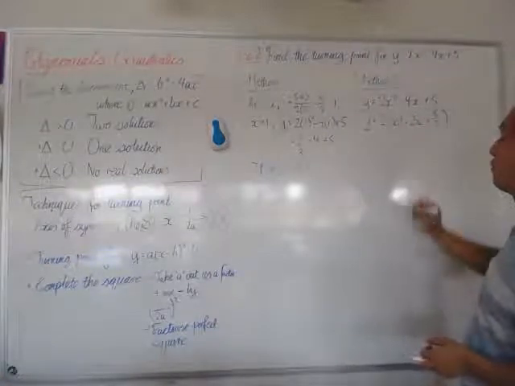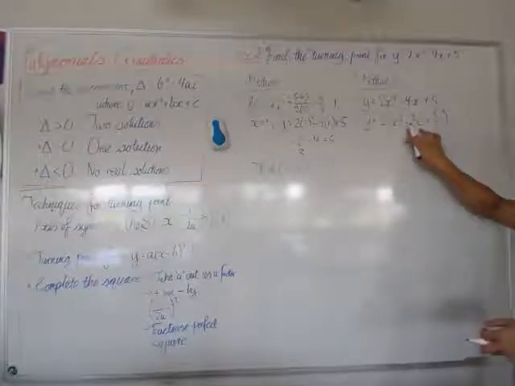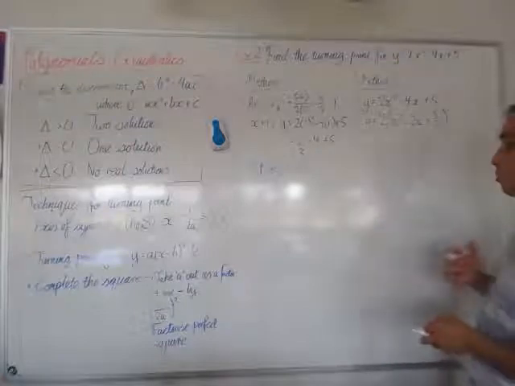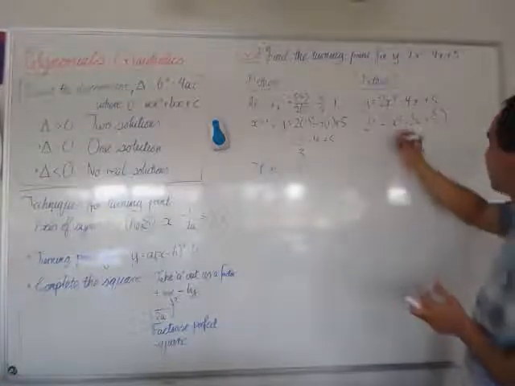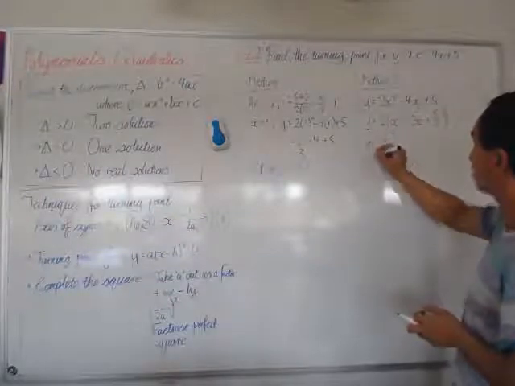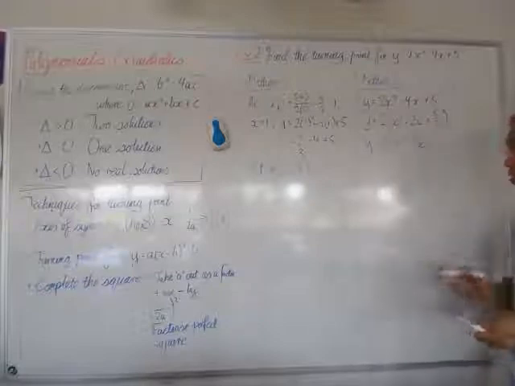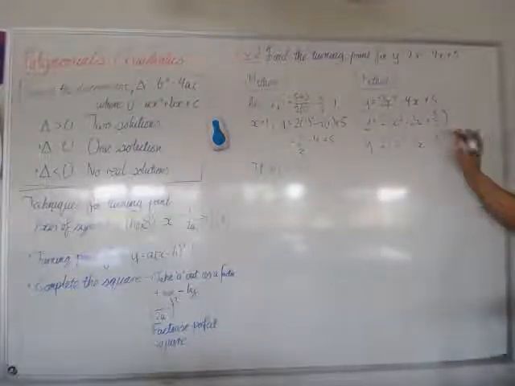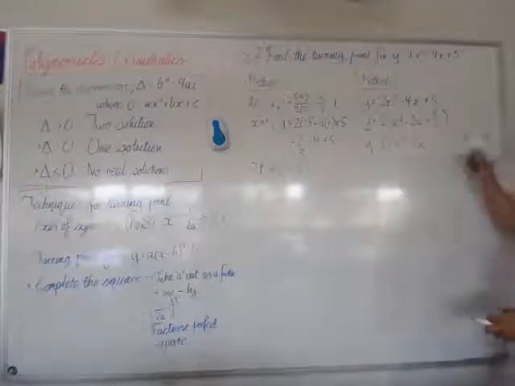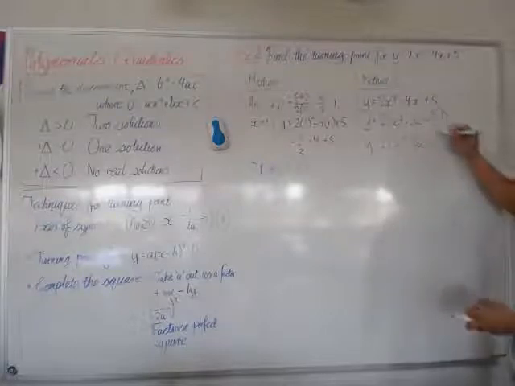Okay, so from here, what you want to do is look at your x term. If you write it all in polynomial order, you have x squared minus 2x, and you want to be adding and subtracting the square of half this number.